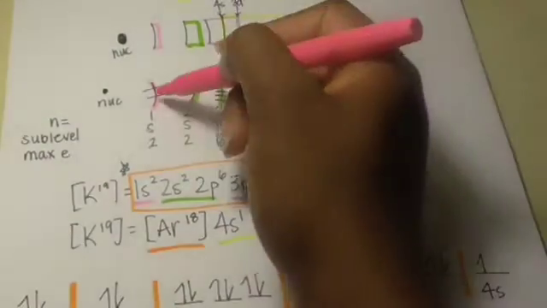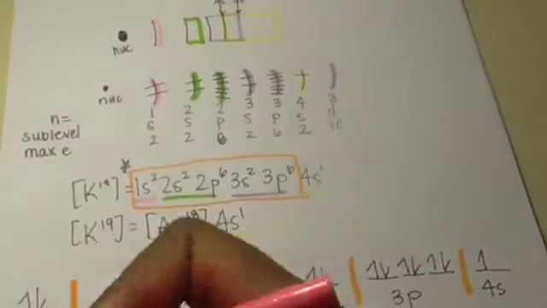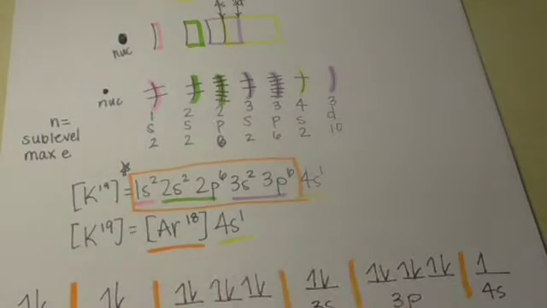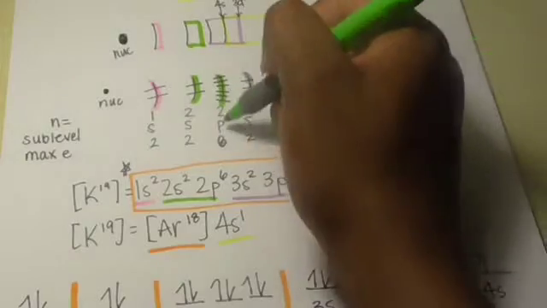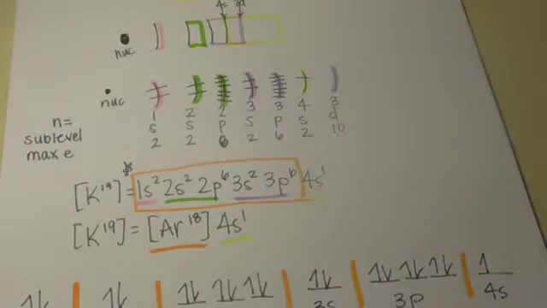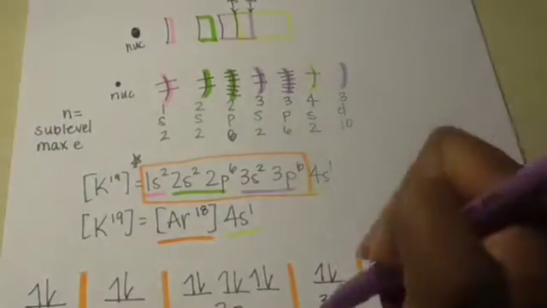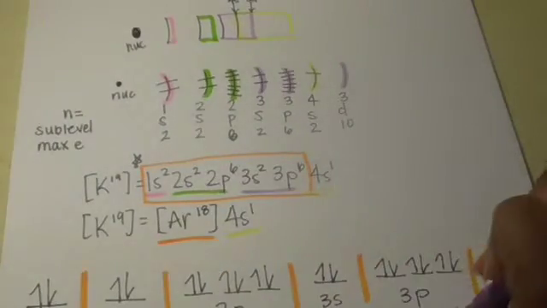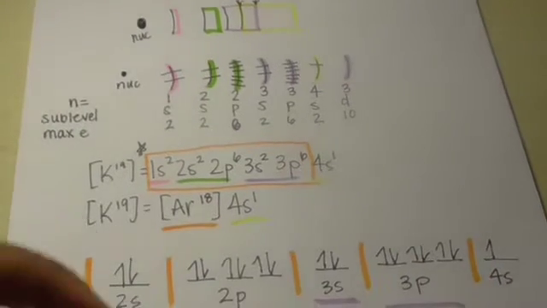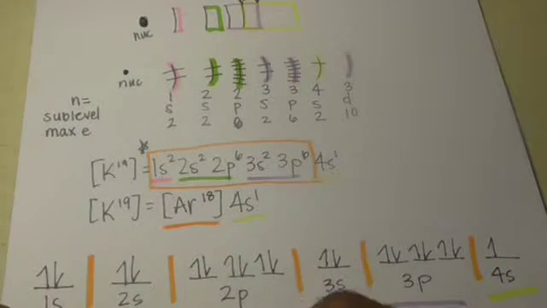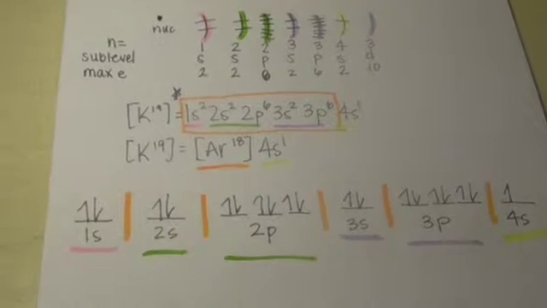So if you look, this has 2 just like that one. This has 2 just like this one. This is 6 just like this one. This one has 2, the purple one, first purple, just like that one. This one has 6 just like this one. And this one has 1 just like this one. So these are just different ways of expressing the same information.